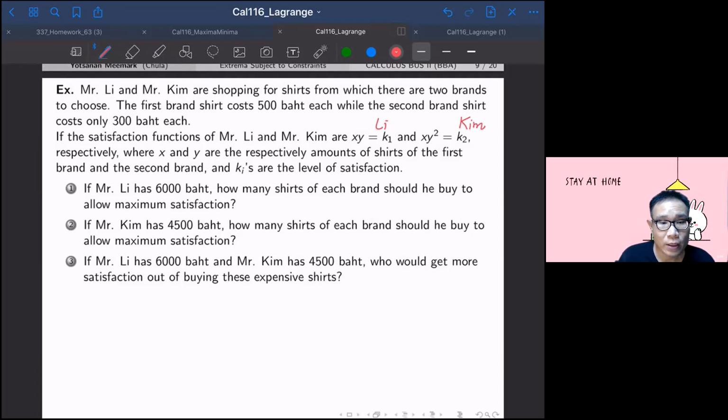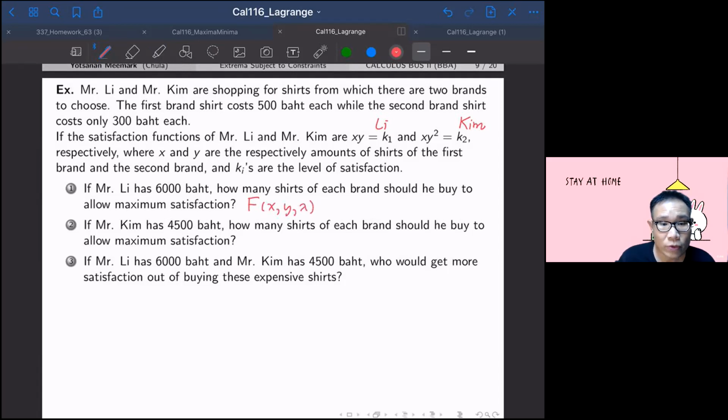If Mr. Lee has 6,000 baht, how many shirts of each brand should he buy to allow maximum certification? So you see in this case that you're going to have the function F(x, y, lambda).